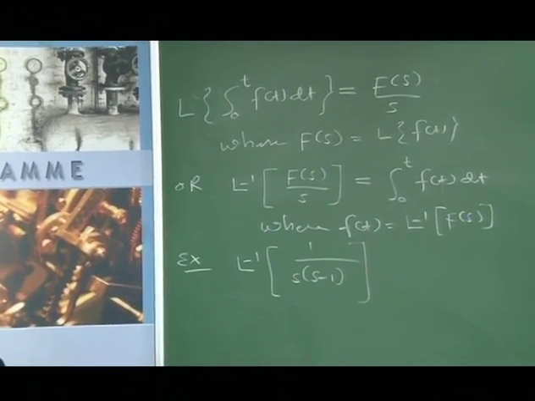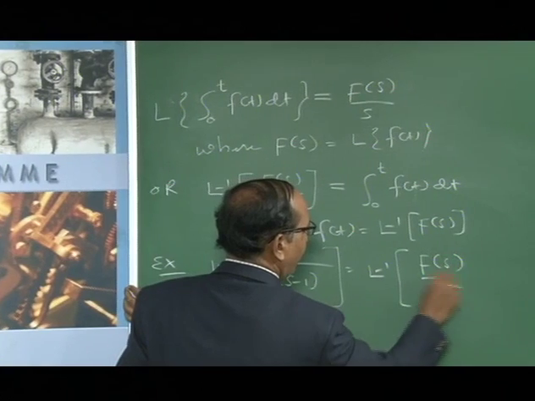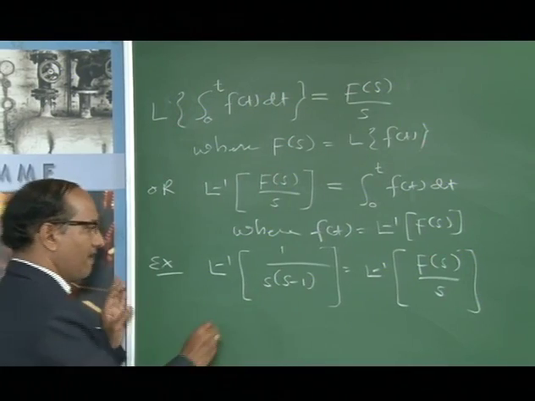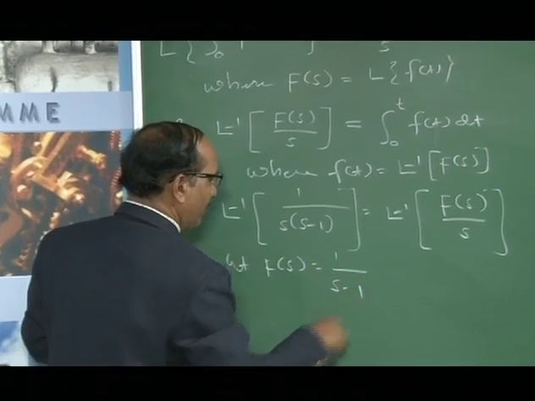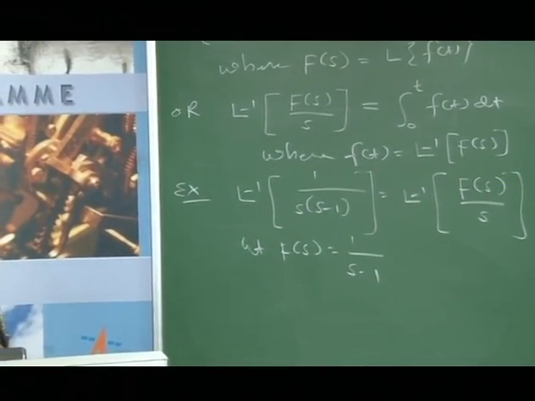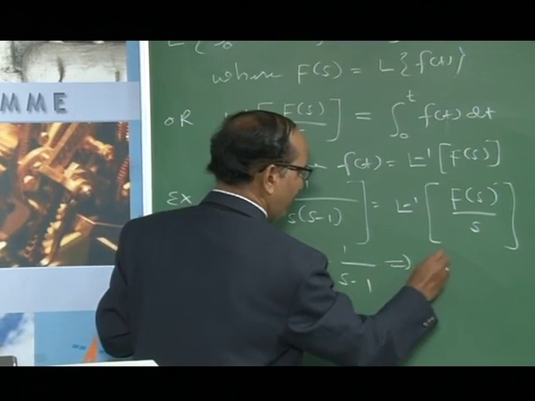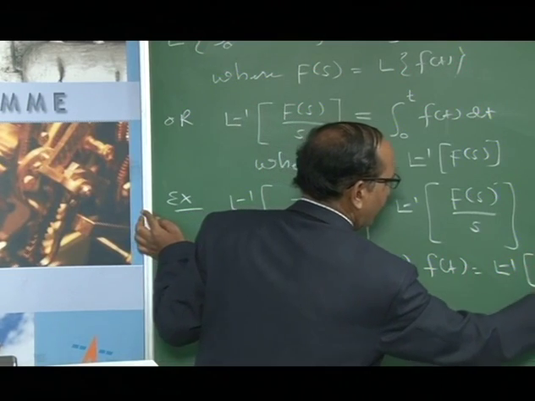Here we can separate what is f of s, and s is already there. This can be written as L inverse of f of s divided by s. So, consider f of s is 1 upon s minus 1. So, we know the inverse of f of s here. We know the inverse of 1 divided by s minus 1. What is that? So, f of t is L inverse of f of s.